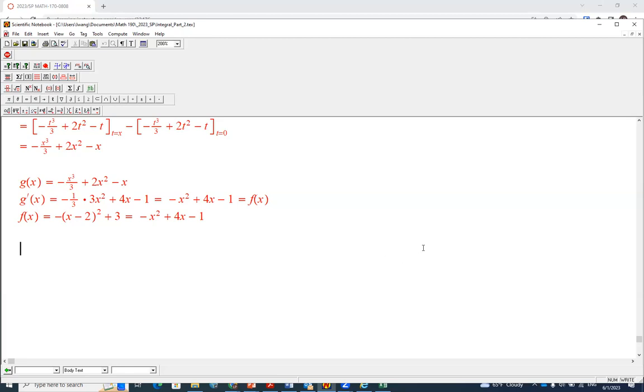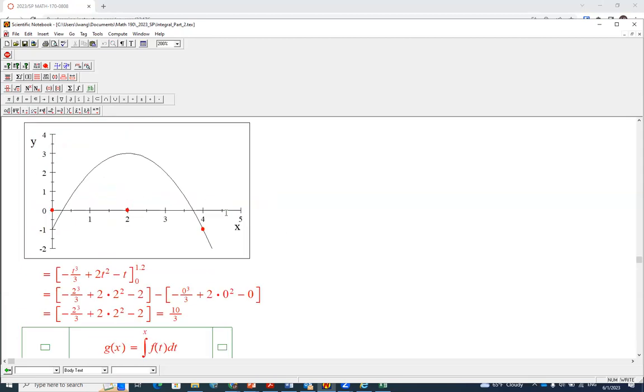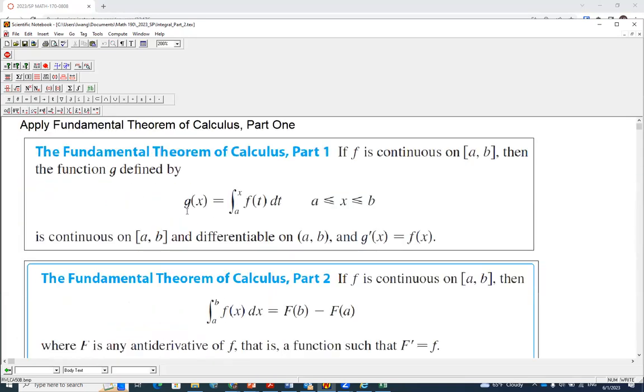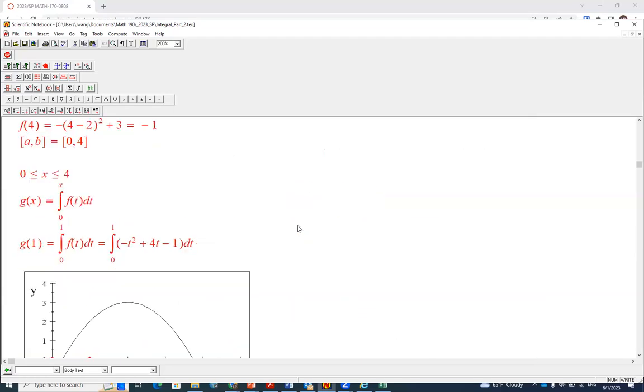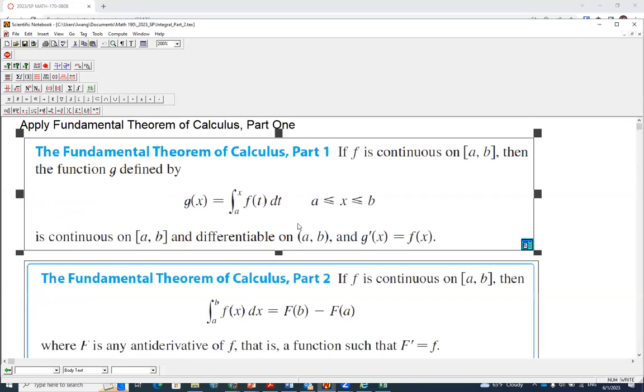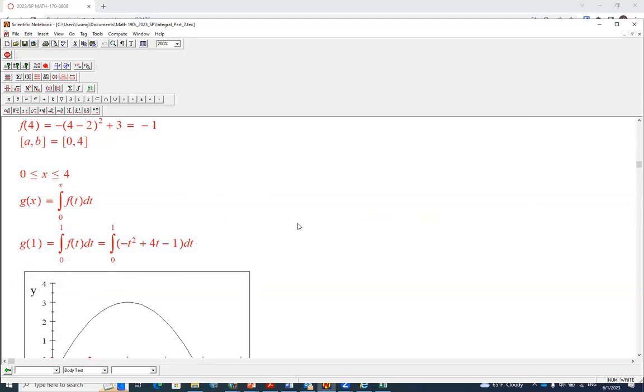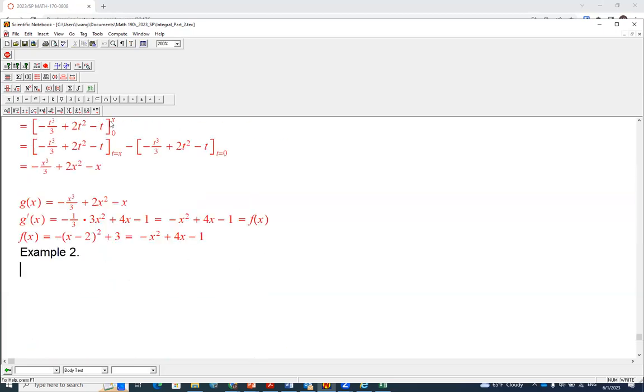Now, let's look at another situation. Example number 2. Suppose I'm going to compose G with a composite function. So I have a G here. I compose G this way, but I can also compose G some other ways.